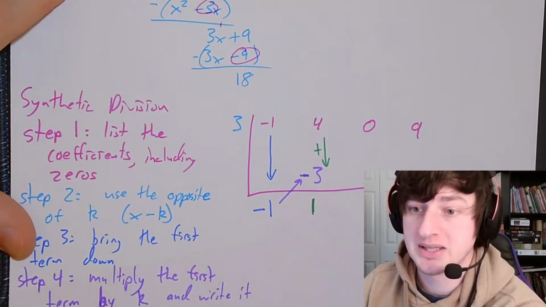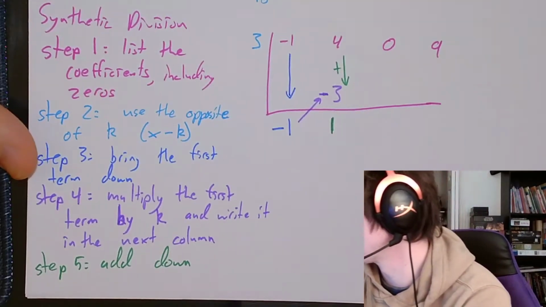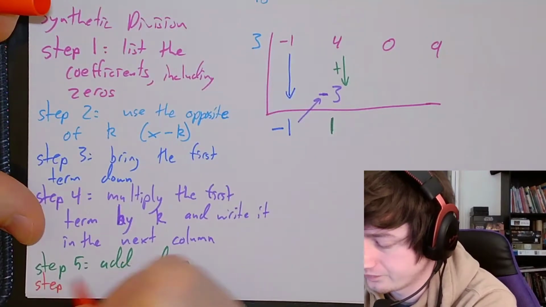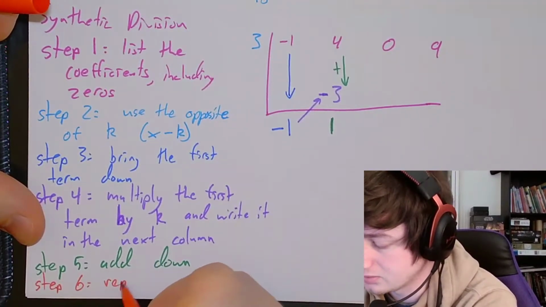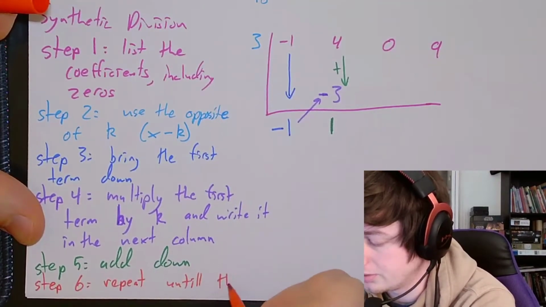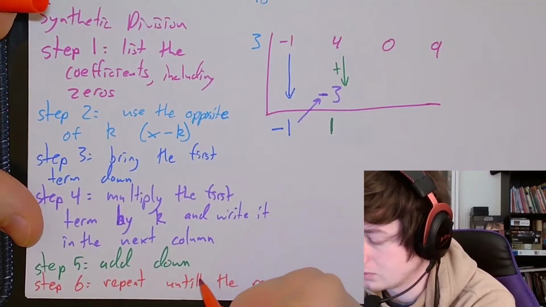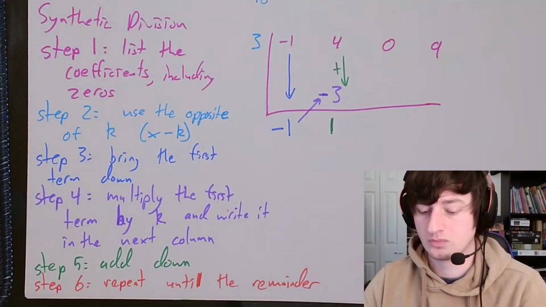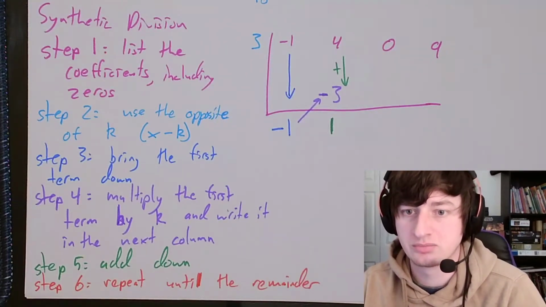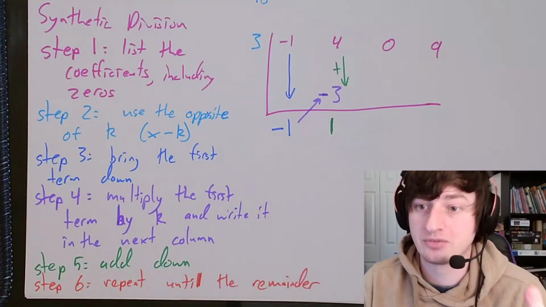And then we just repeat that process over and over. So the next step is repeat until the remainder. So now we're just going to repeat. We're going to multiply diagonally. This is a really verbose way to say we're going to multiply diagonally and add vertically.